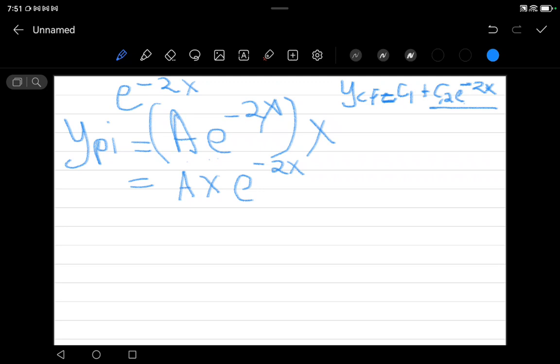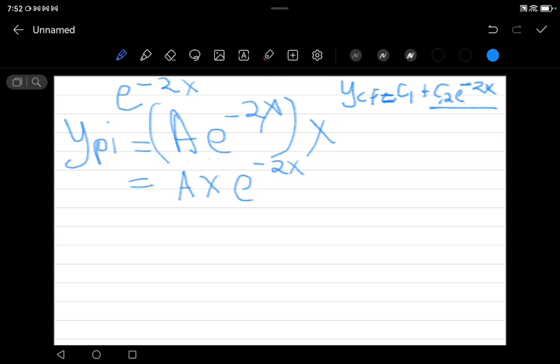Yeah, and then from our original formula we had y prime plus 2y, which means we're gonna derivate our YPI 2 times. Okay, let's move forward.